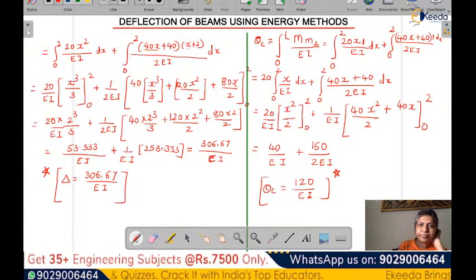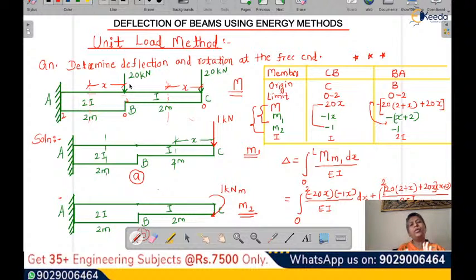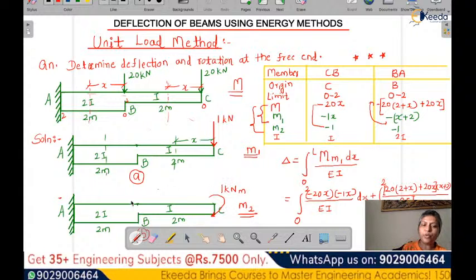So here when we consider such a case, more than one load is there, and what is the question asked? It's been asked to us that deflection and rotation at the free end. So what we have done, we have considered one unit load at the free end, and then we have considered one more case, and these two cases we have to combine.